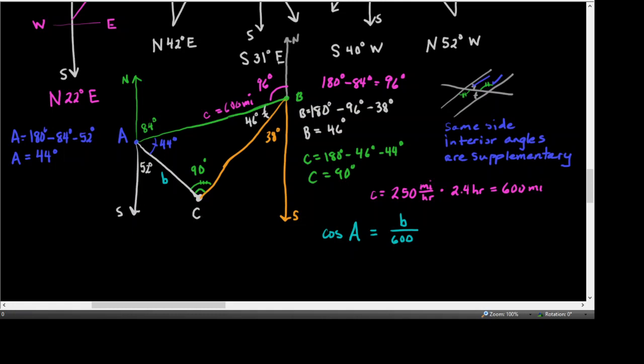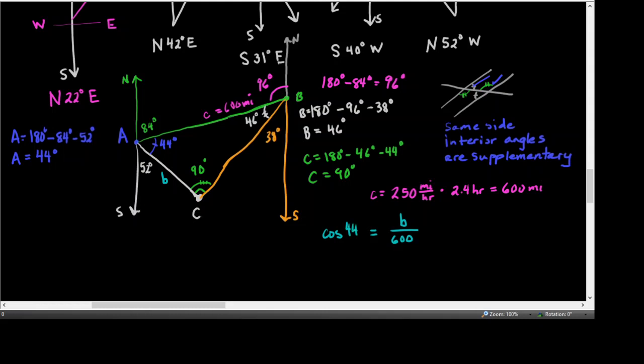Oh, wait, I know what A is. Why did I write the letter A? That was silly of me. I mean, it's not false. It's just not what I should have written. What is the measure of A? What should I have put there? A is 44 degrees, right?